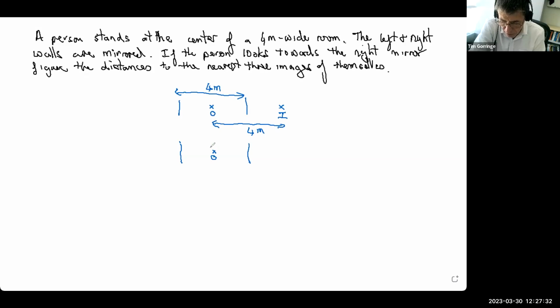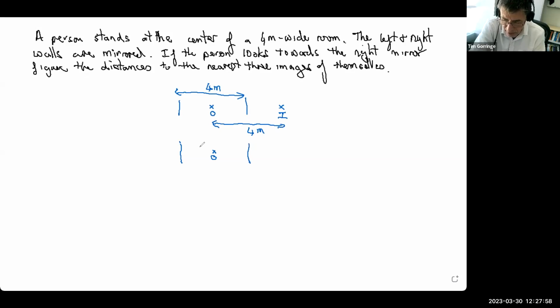It's formed by, firstly, the light from the back of the person reflecting off the left-hand mirror, and then that light reflecting off the right-hand mirror and being seen by the person. So instead of just 1 reflection off the right-hand mirror, we've now got one reflection off the left-hand mirror and one reflection off the right-hand mirror.